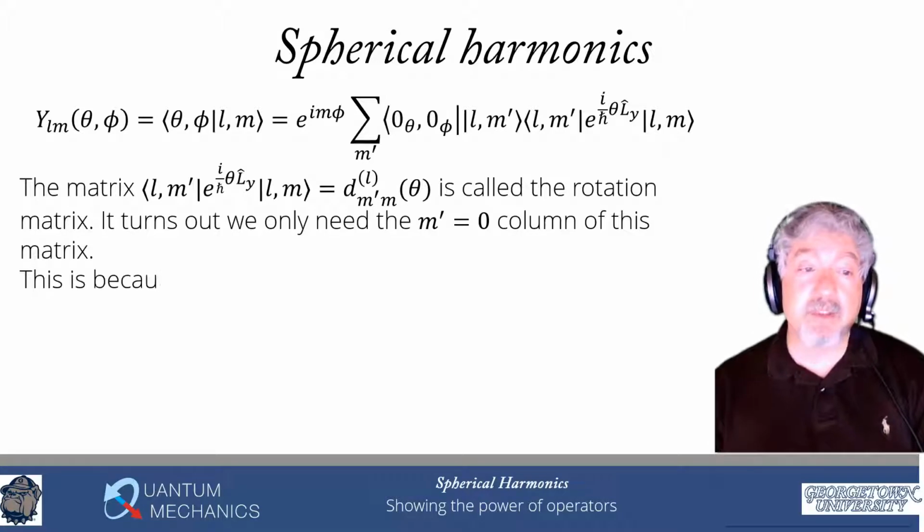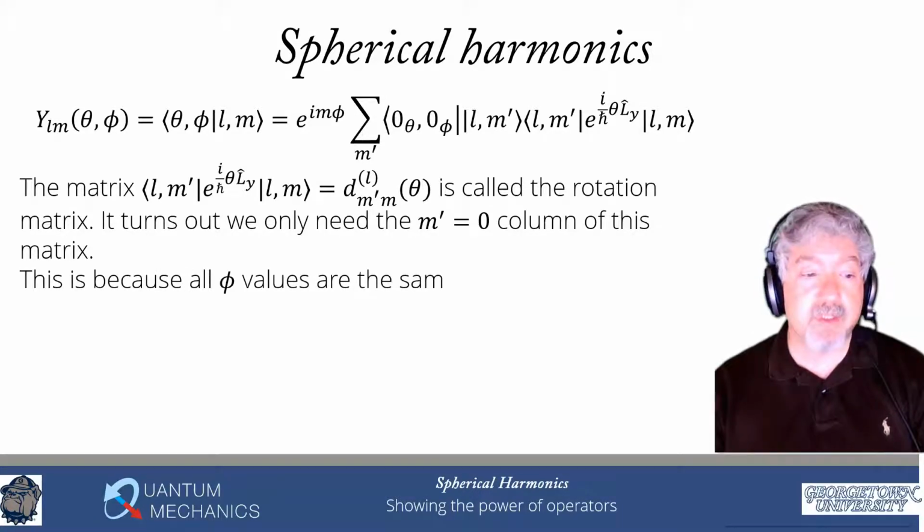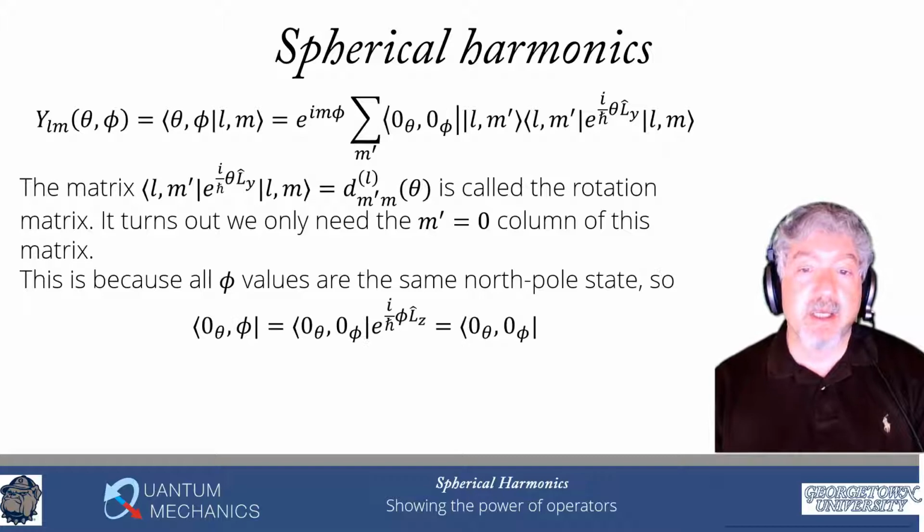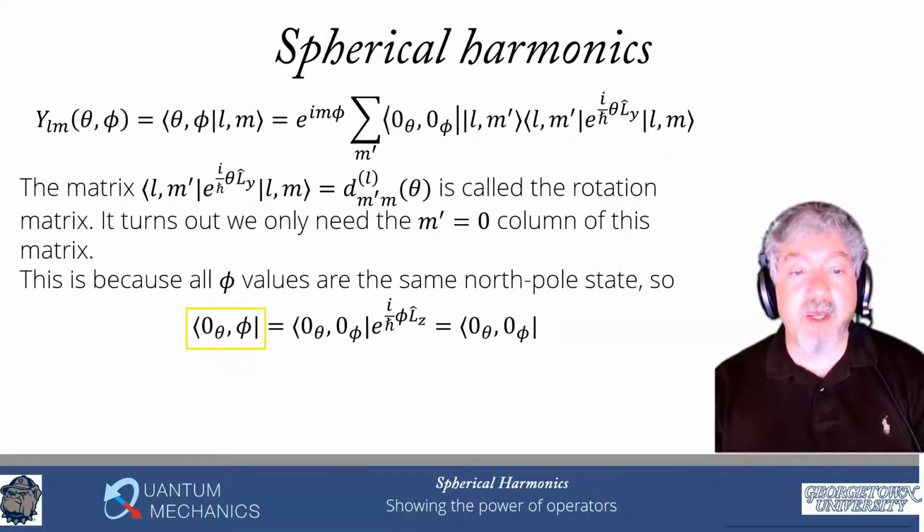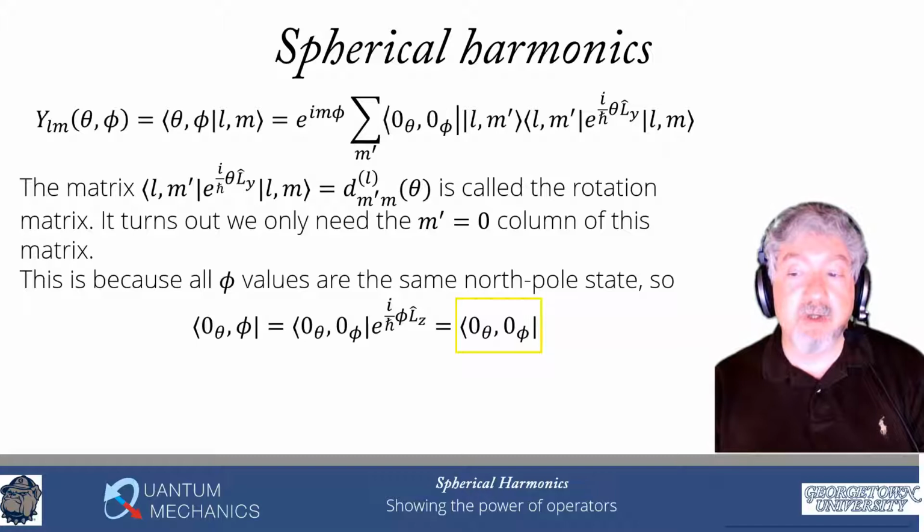And the reason why is because the North Pole state is invariant under rotations about the z-axis. So if I take the state 0 theta phi, which I can think of as taking the North Pole state and multiplying e to the i over h bar phi Lz hat on it, we know that that has to be the same as the North Pole state because I could pick an arbitrary value for the phi rotation.